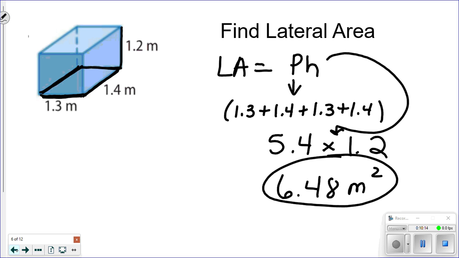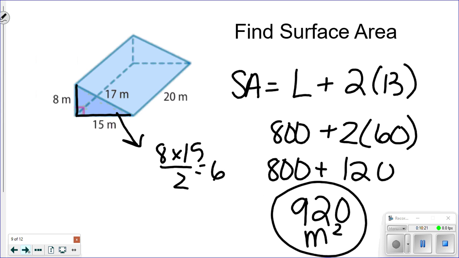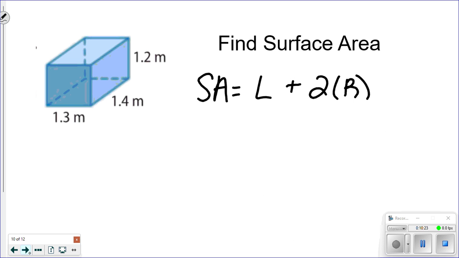Is that what I said? 6.48. Okay. Plus 2 times the area of my base. My area base is here.